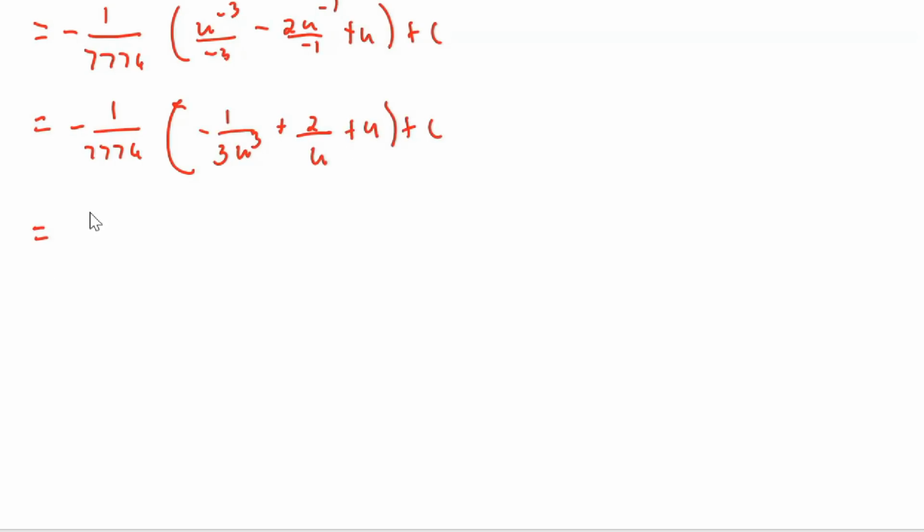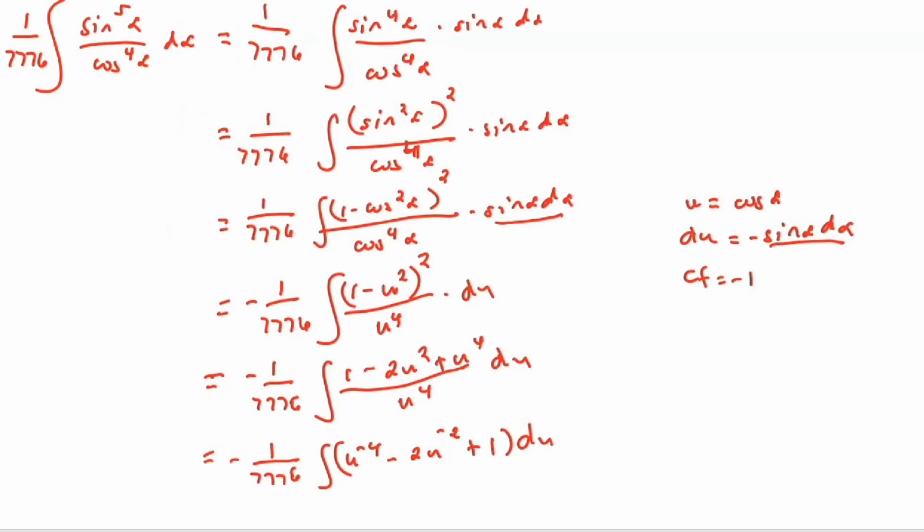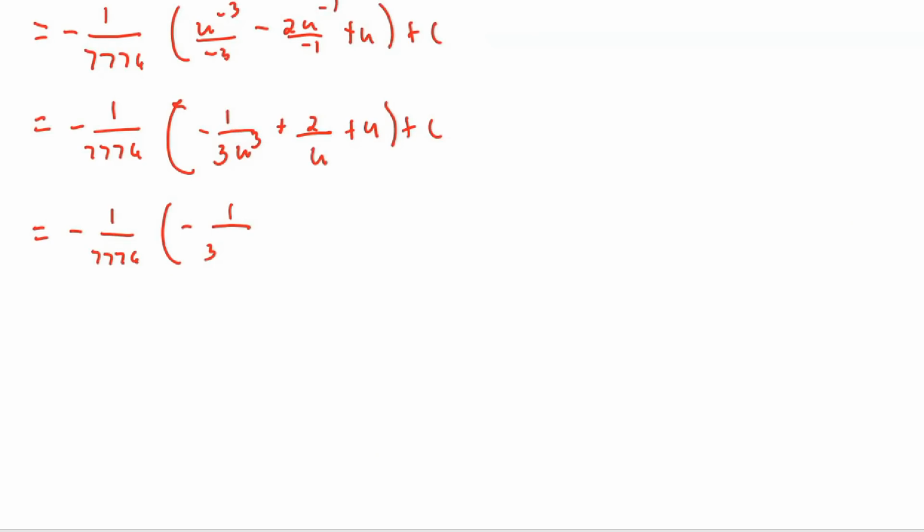We have now, so I will not multiply that once, I will just write here a common factor of negative 1 over 7,776 times the negative of 1 over 3, and the meaning of our u is cosine alpha. We have cosine cubed of alpha plus 2 over cosine alpha plus cosine alpha plus a constant.